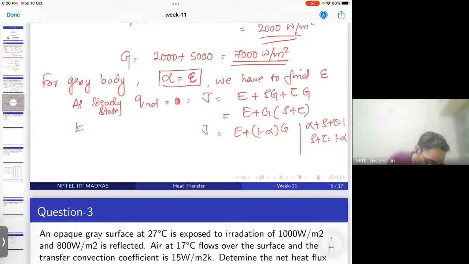E is equal to epsilon sigma Ts raised to 4.